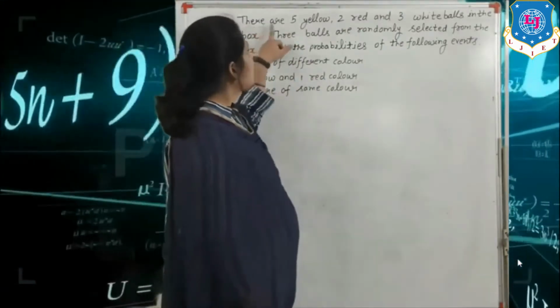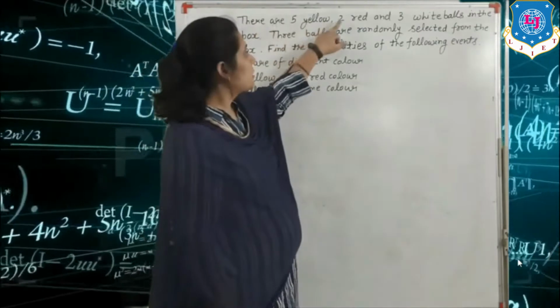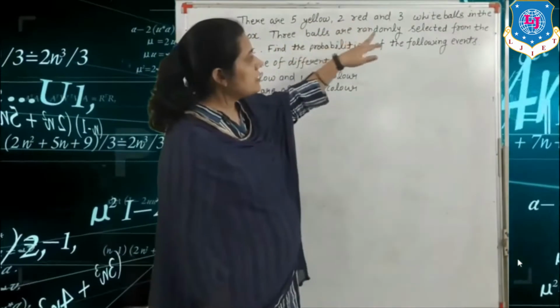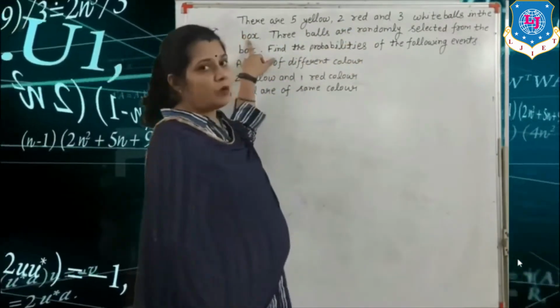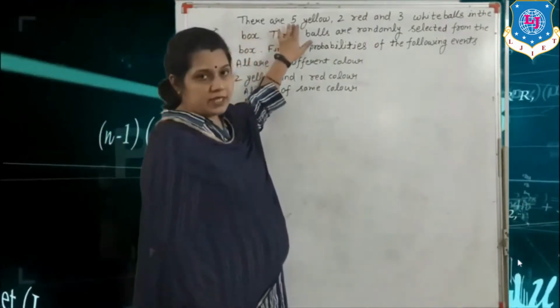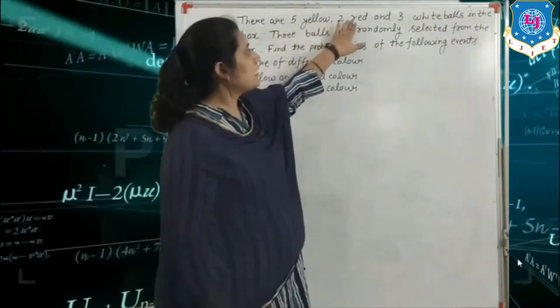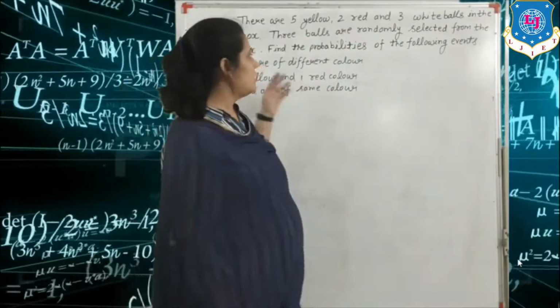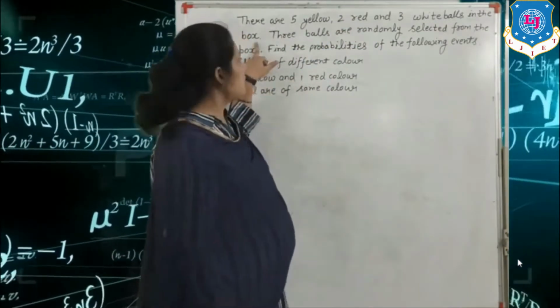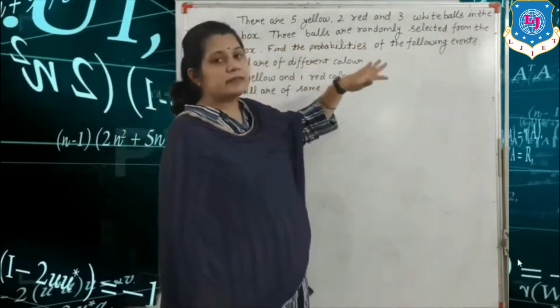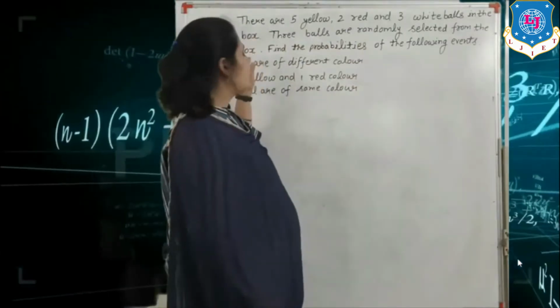See here, there are 5 yellow, 2 red and 3 white balls in the box. Three balls are randomly selected from the box.